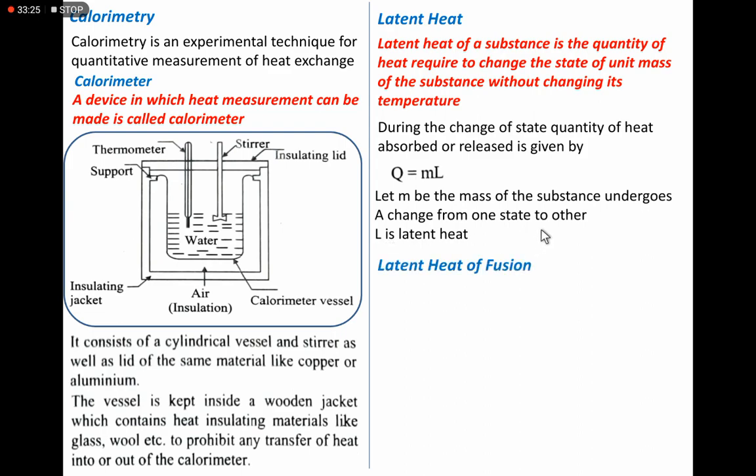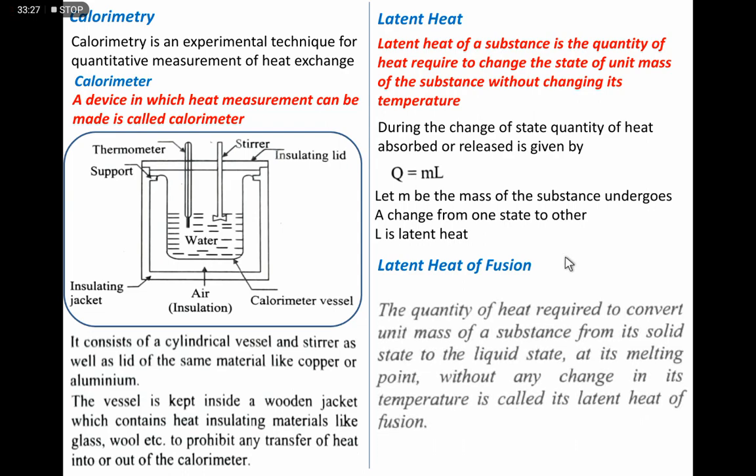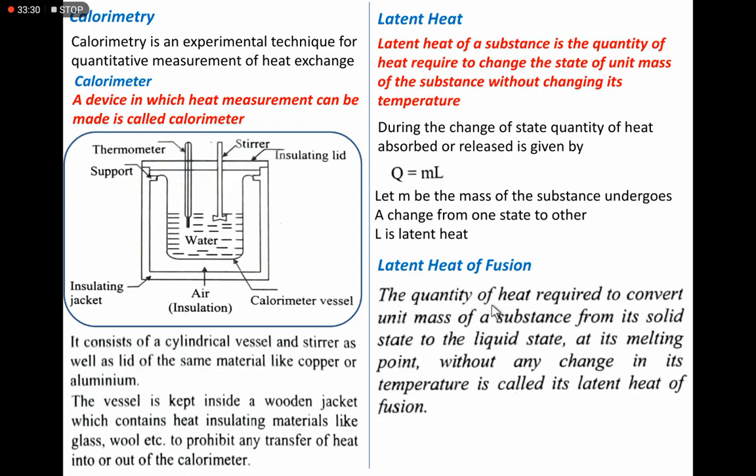Now, latent heat of fusion. The definition is the quantity of heat required to convert unit mass of substance from its solid state to liquid state at its melting point without any change in its temperature is called latent heat of fusion. Fusion means the substance goes from solid state to liquid state.